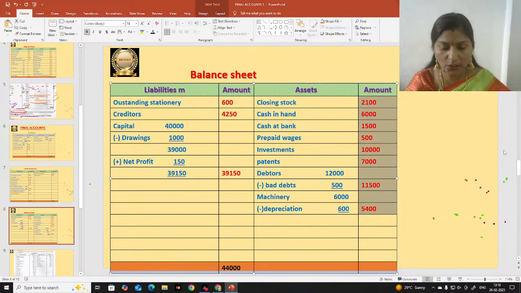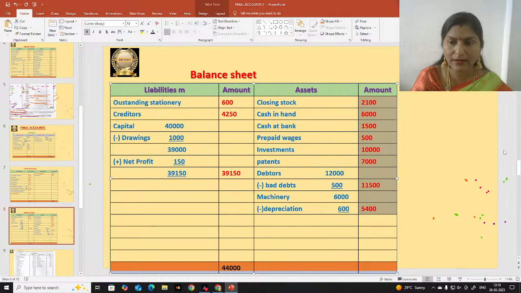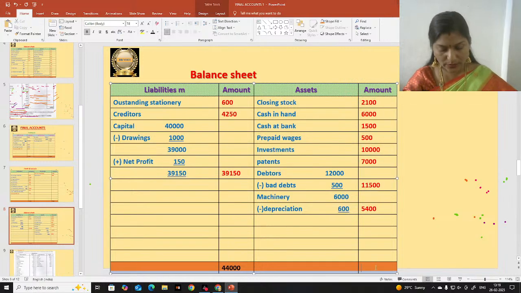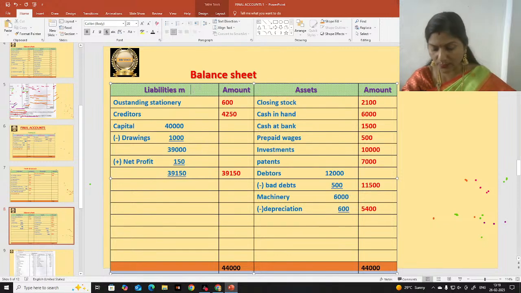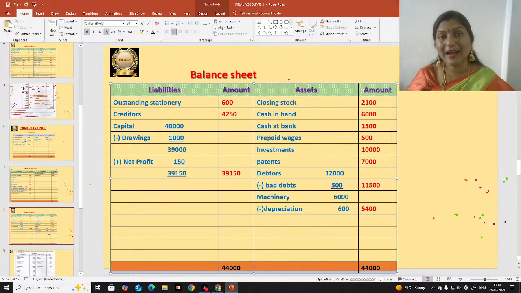Here you add all the amounts: 2,100, 6,000, 1,500, 500, 10,000, 7,000, 11,500, 5,400, and the total is 44,000. So record that. Here we don't get any balance carried down. So both the sides, liability side as well as asset side, totals will always be the same. We don't get any other balancing figures. So here our totals are the same, 44,000, 44,000 on both sides.